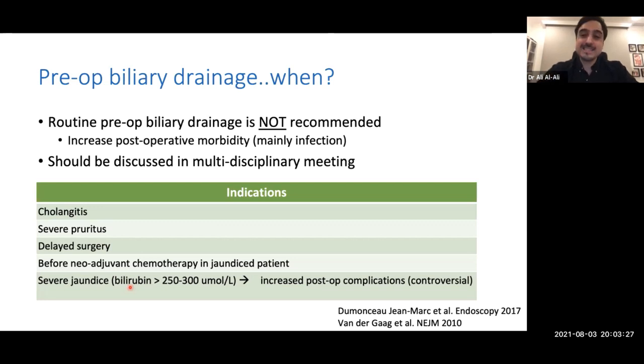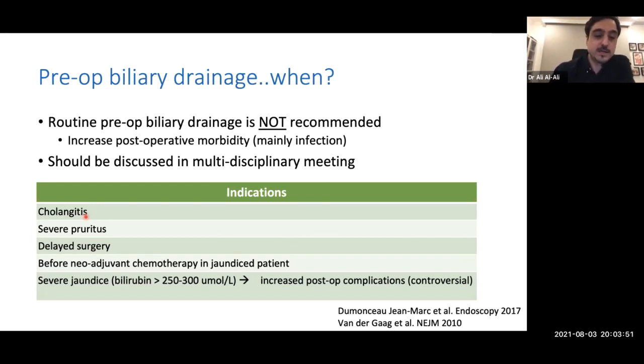So it's not always recommended, and therefore we always discuss it in a multidisciplinary meeting. However, what are the established indications? In a patient who you think is operable and has malignant obstruction, the clear indication for ERCP before surgery is cholangitis. If the patient comes in with cholangitis, they need to be drained. But I have to tell you, it's very uncommon for a patient with malignant obstruction to present with cholangitis without any prior manipulation.